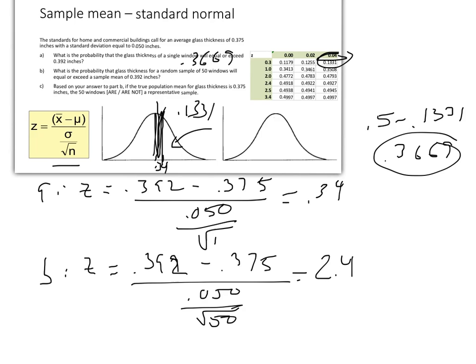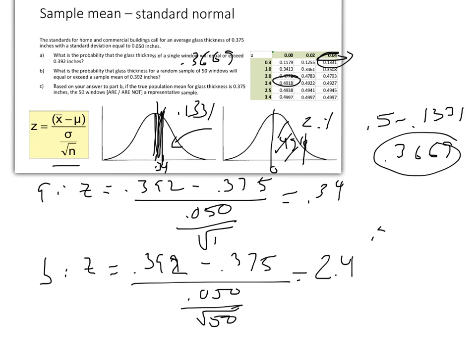So by increasing our sample size, you think about spreading the mean across this larger group of windows. If that's really the mean size, that's going to be 2.4. So we look up 2.40, and we get 0.4918. That's this area here.